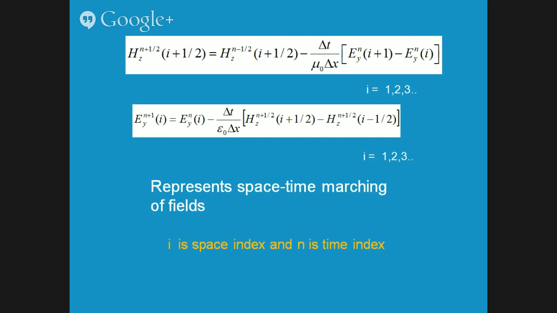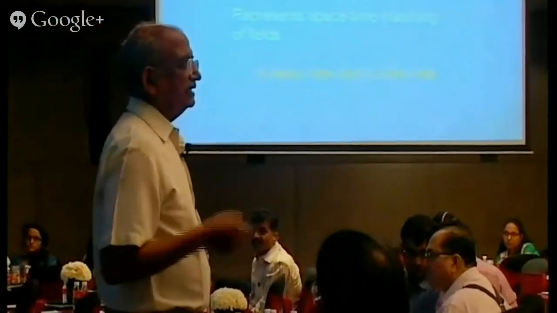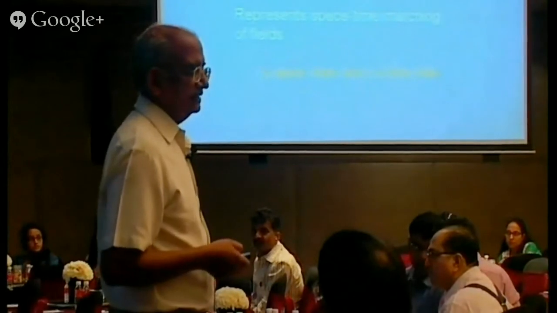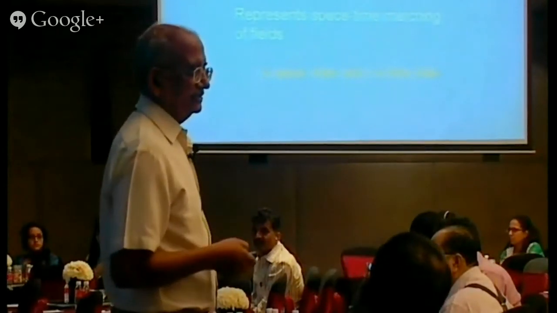That is, we can find the magnetic field from the earlier values of the magnetic field at the same node plus the electric field components at the earlier time instant at the neighboring nodes.